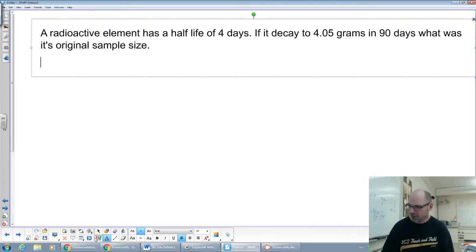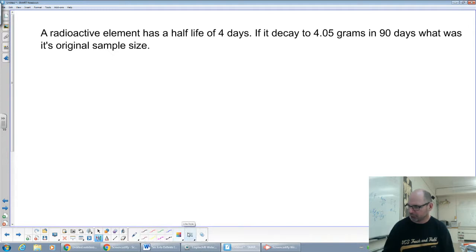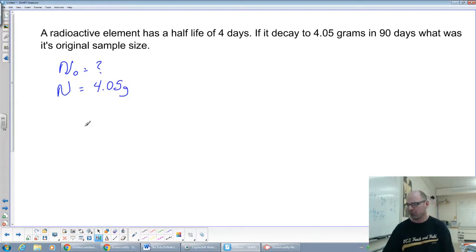So in this case, if we're working this one out, we have the original sample size, N0, unknown. Its future size was 4.05 grams of radioactive material, so it doesn't always have to be Becquerels. We know the half-life equals 4 days, and we know that the time is equal to 90 days.